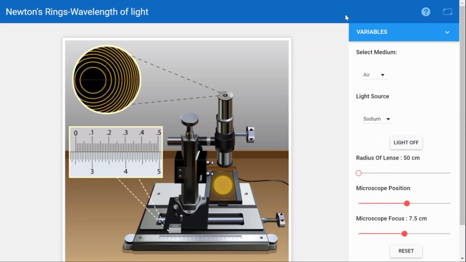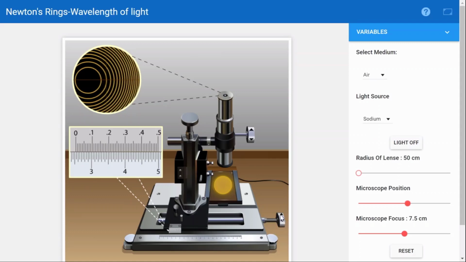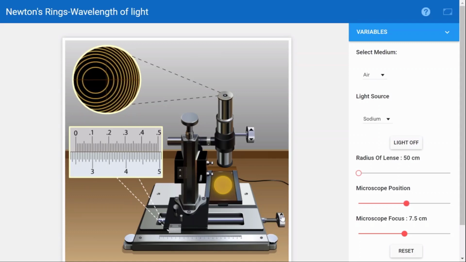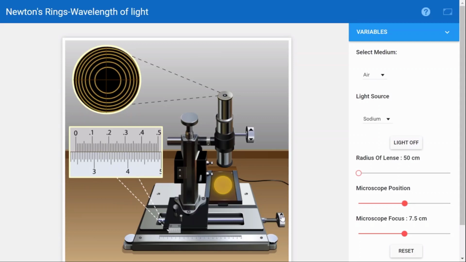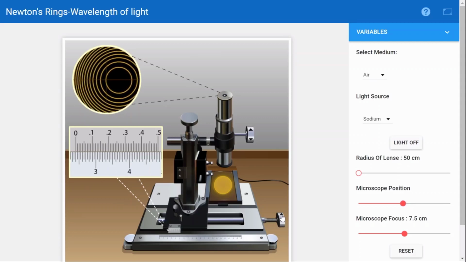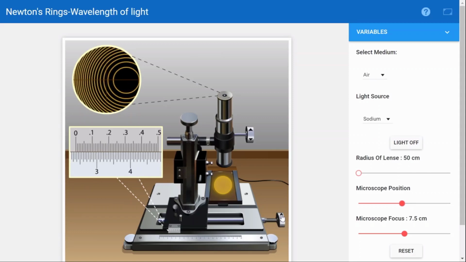Okay, fine. Now I am moving on to the third ring. Which ring am I taking? The third ring. So this is my first ring, this is my second ring, and I am going on to the third ring. Let us say this is my third ring.